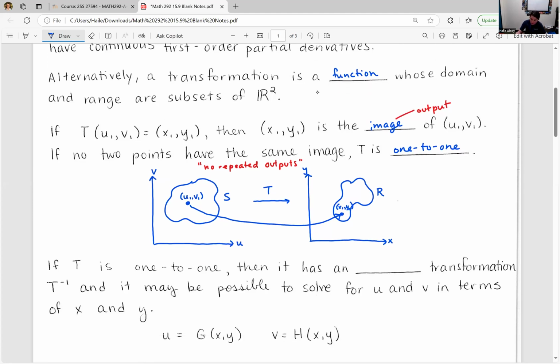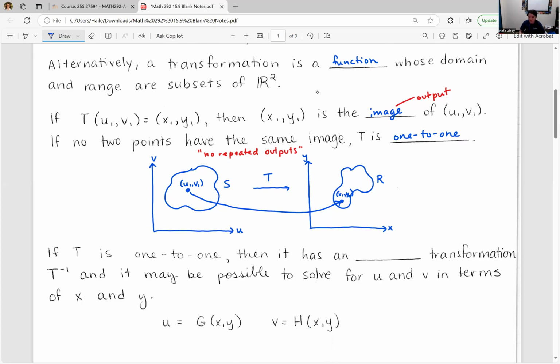Now, if we have a one-to-one transformation, so if T is one-to-one, then it has an inverse transformation. So this is why in high school algebra or college algebra or pre-calculus, we bring up one-to-one functions, because if something is one-to-one, then we can find an inverse of that function. And transformations are functions, so it's no different.